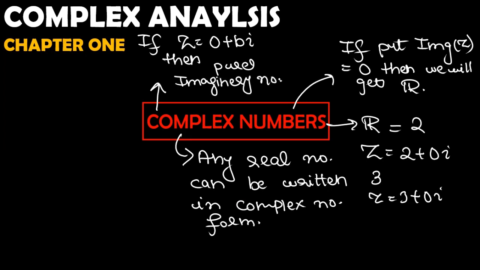So any complex number with real part 0 is an imaginary number, called a purely imaginary number. And a very special thing about complex numbers is that they are called an extension of real numbers.